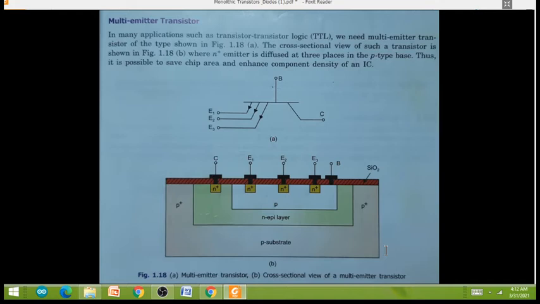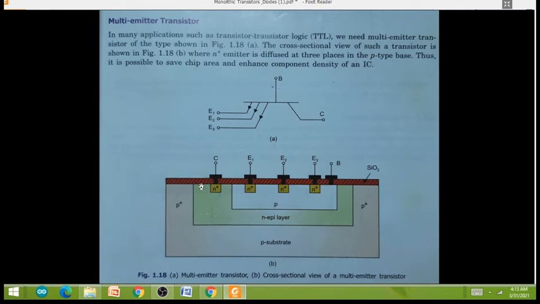A multi-emitter transistor is also possible. By looking at this picture, it is very clear that if I need three terminals E1, E2, E3, in some group of TTL transistor-based ICs where you require a multiple number of transistors having very unified characteristics, you can pick three different emitters within the same transistor island.